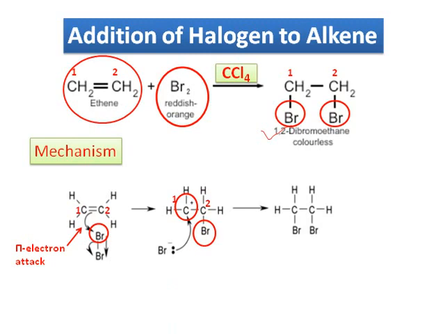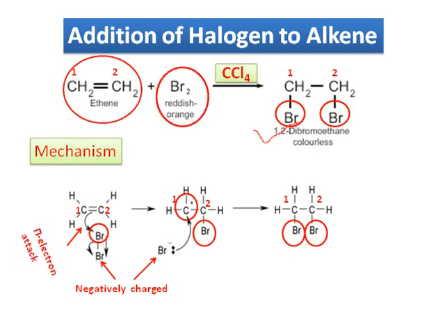So now this positively charged carbon will be at carbon 1, and the other bromine atom of the bromine molecule becomes negatively charged, and this negatively charged bromide ion will act as the nucleophile and attack the positively charged carbon atom, and we get one bromine bonded to carbon 1 and the other bromine atom to carbon 2, and we get the molecule 1,2-dibromoethane.